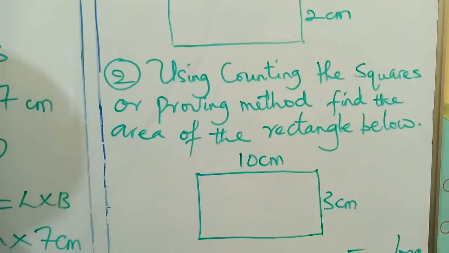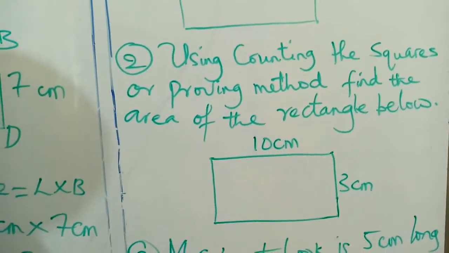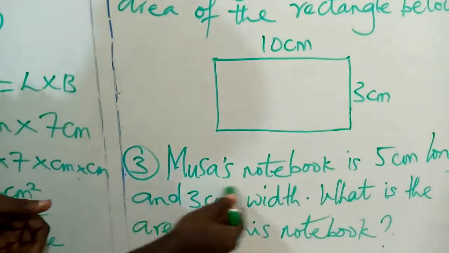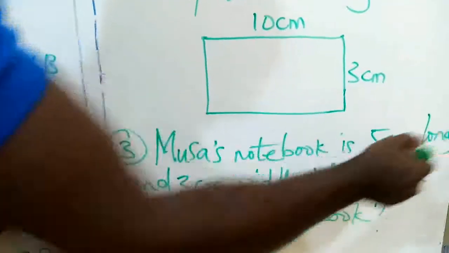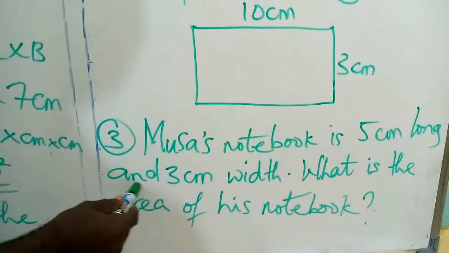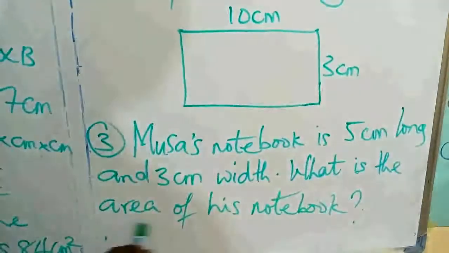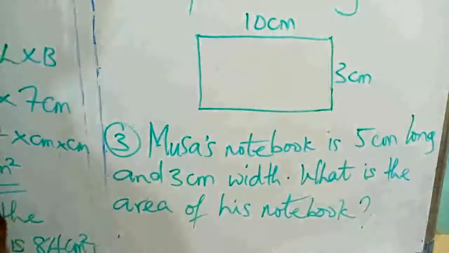Here's the rectangle. And then we have just one word problem here. Number 3. Moses' notebook is 15 centimeters long and 3 centimeters wide. What is the area of his notebook?